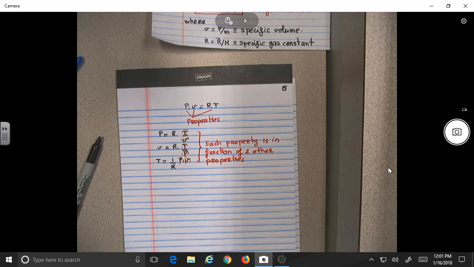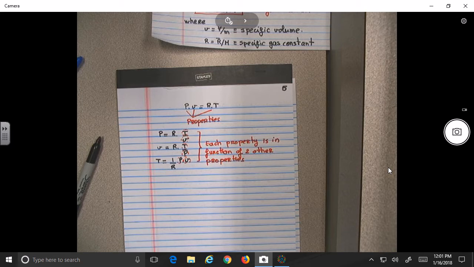So that's a problem. When you go to mathematics and study functions in calculus, generally the functions you have are in function of how many variables? One, no?